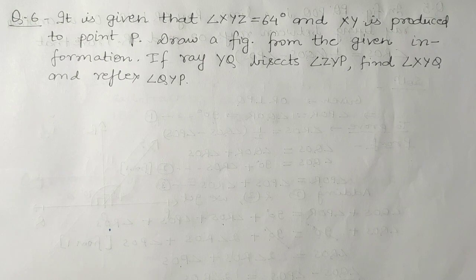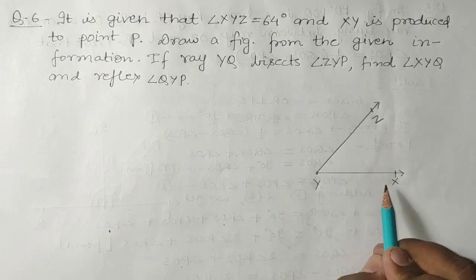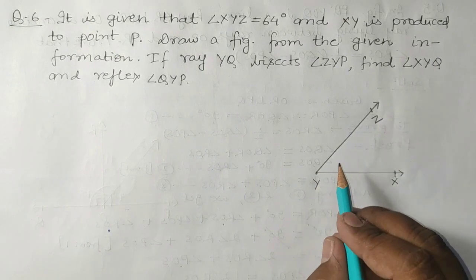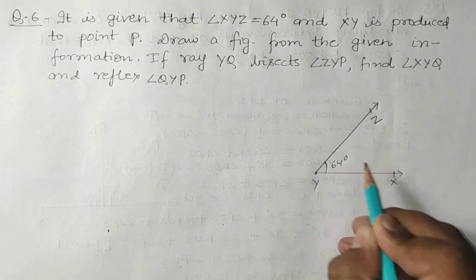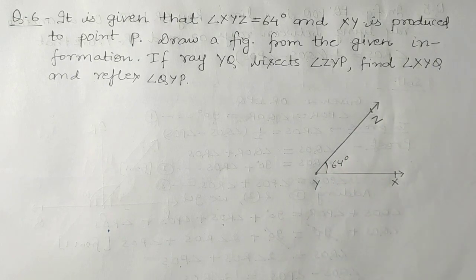We draw the figure in which angle XYZ is equal to 64 degrees. So here we have made the figure like this, XYZ, and suppose this is 64 degrees.